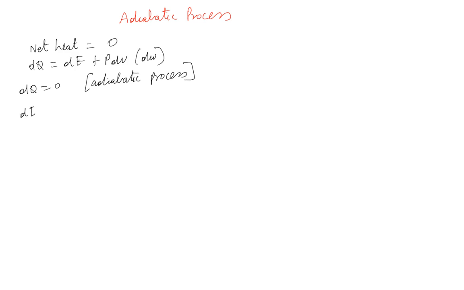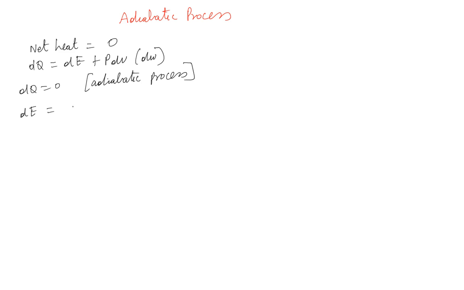Okay, what is dE? dE is a change in the internal energy of the system. If you provide energy to the system, the temperature of the system increases, and we know this from specific heat. Specific heat is a measure of how much temperature increases as we do some work on the system, or as we provide some energy to the system.